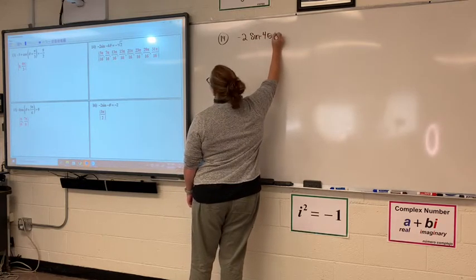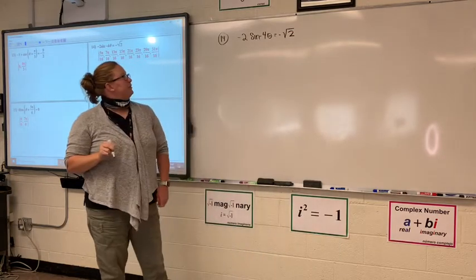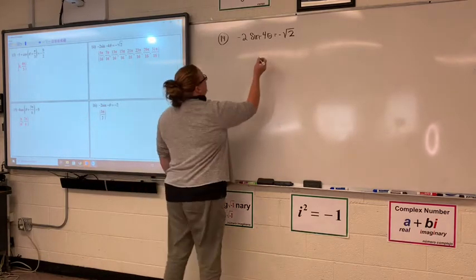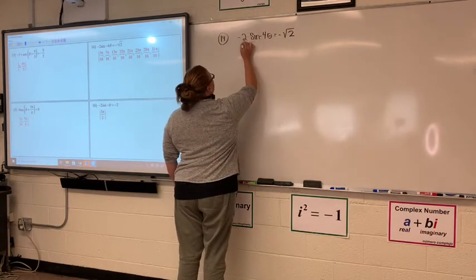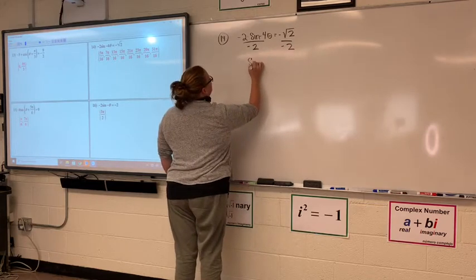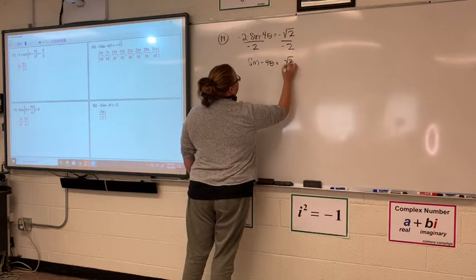That's a -4. Okay, so first thing you want to do is get to where you have something on the unit circle. So what do we have? We can divide by -2. That's square root of 2 over 2.